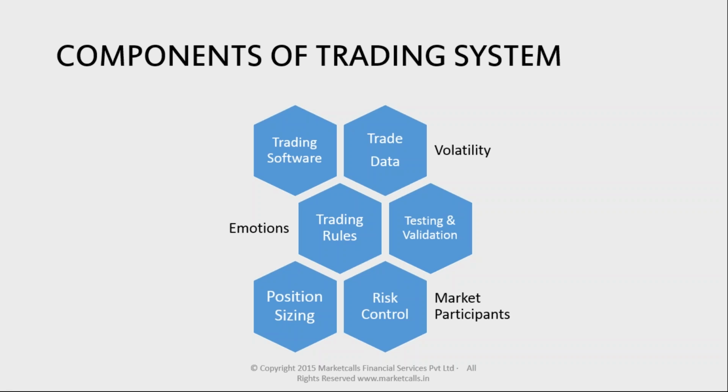So one has to be clear about how your trading system is performing in a low volatile environment and how it is behaving in a high volatile environment, so that you can allocate money dynamically based upon the market volatility conditions.